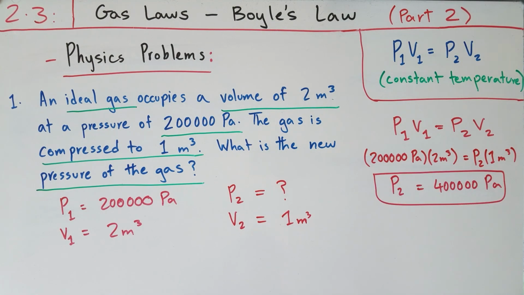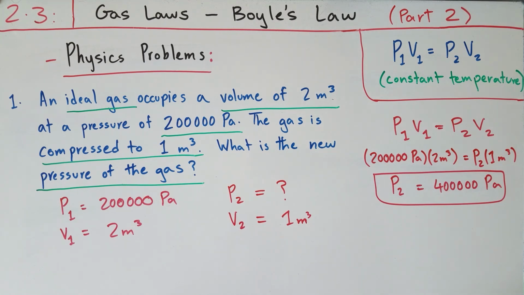Now the final thing that we have to do with this pressure is to determine if this answer is reasonable, based on Boyle's law as well as the question that we were given. From the question, we knew that the pressure before the compression was 200,000 Pascal, and the volume was 2 cubic meters.